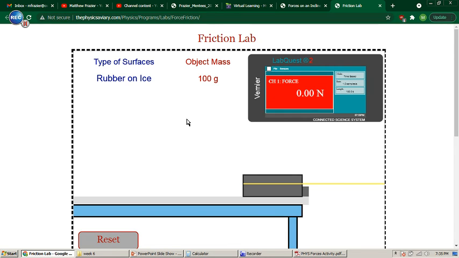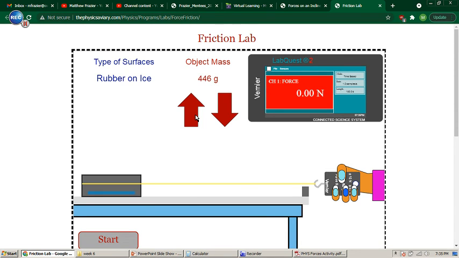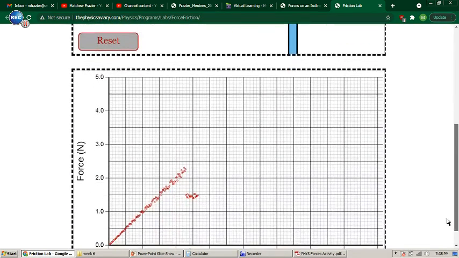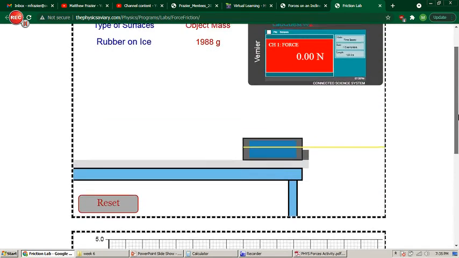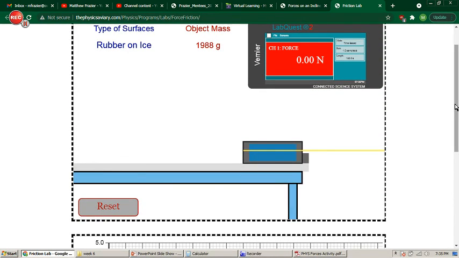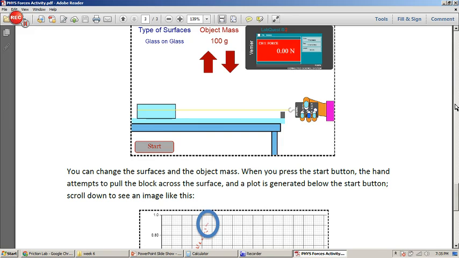Oops, I'm on the wrong thing. You can reset it, and you can adjust the object's mass up and down and get new data. And you see that you get a higher force in both cases, both when it's static and when it's moving. But if you calculate the coefficient of friction, it should come out equal.